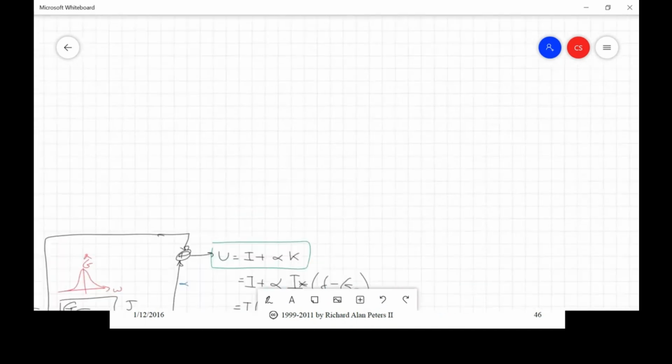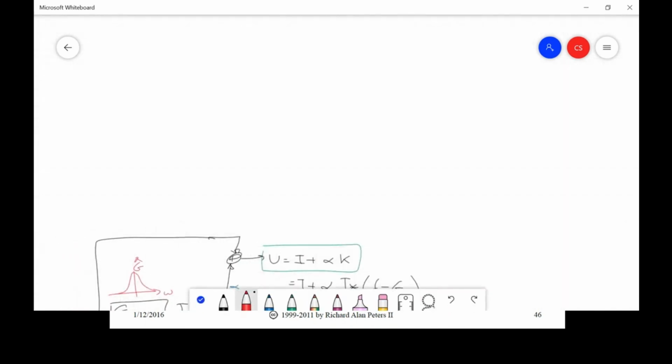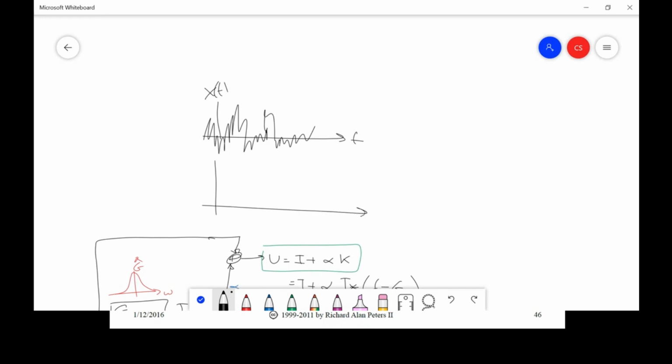Let us depict a couple of signals. Both will be random, but they have different kinds of randomness. So this is time, and let's say that this one is something like this. It is completely random. The other one is also random, but it is much smoother. So it is something like this.